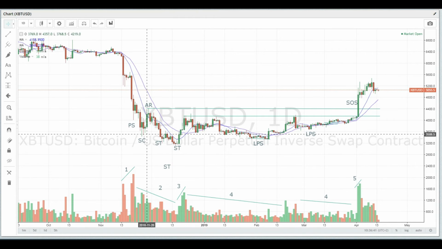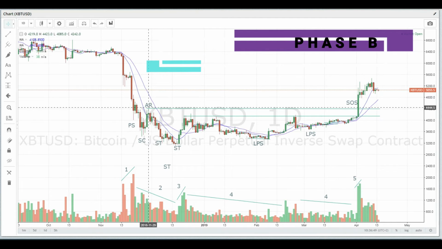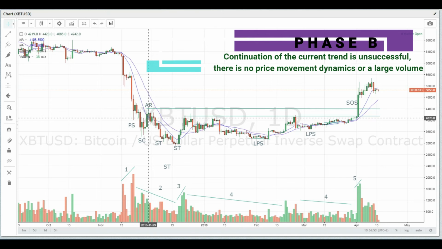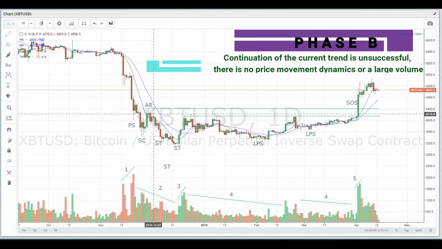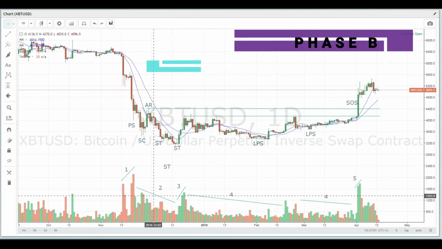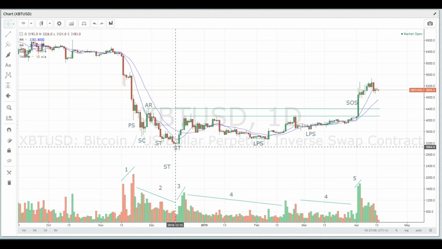This means that sellers lose their momentum. After that we have the automatic rally, and as you can see the volume is not so big, and on even lower volume we have the secondary test, and once again a secondary test.